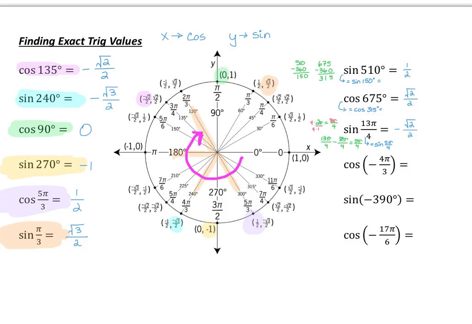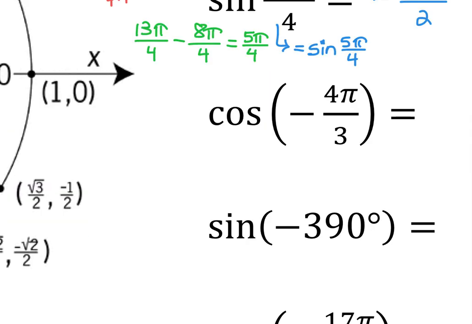The other way that you could do this is you could add negative 4 pi over 3 plus 2 pi. So negative 4 pi over 3 plus 2 pi would get you a positive angle, but you'd have to change 2 pi to something over 3, and so you would multiply here by 3 so that you have common denominators. So now you have negative 4 pi over 3 plus 6 pi over 3.